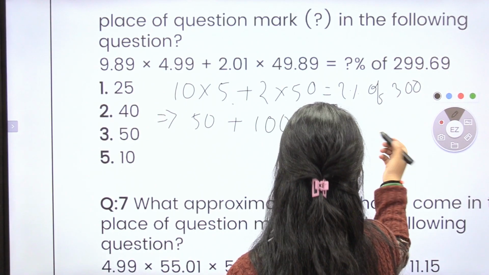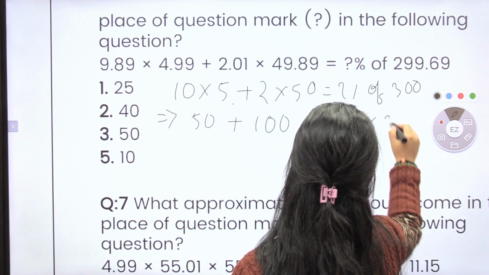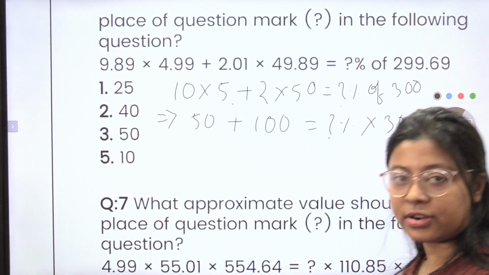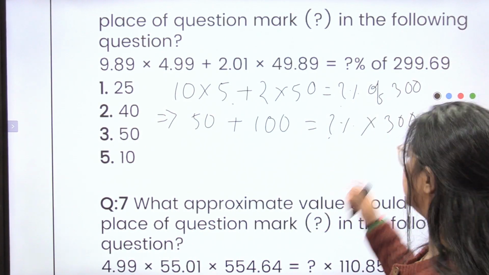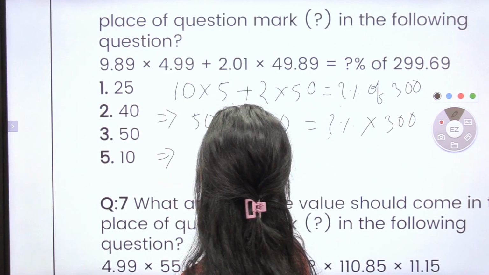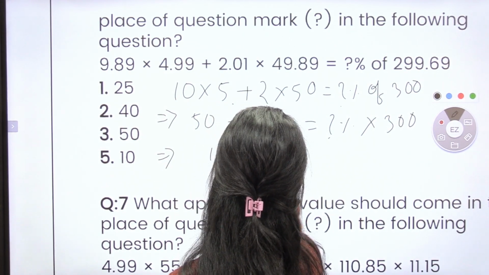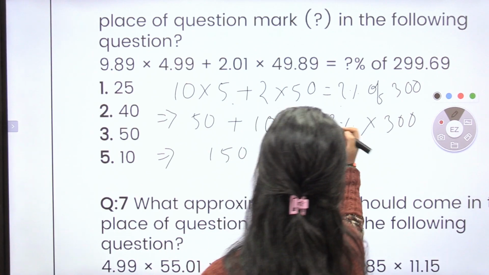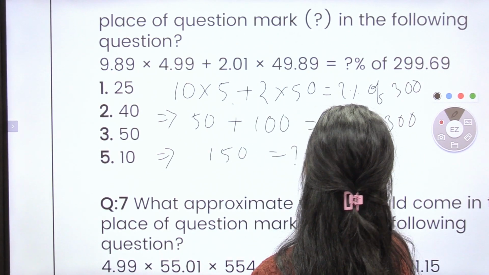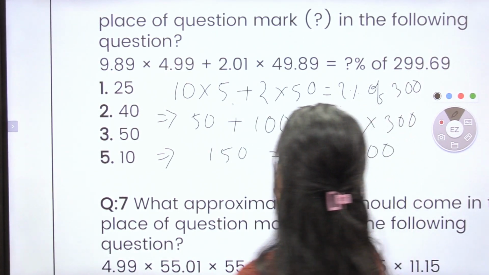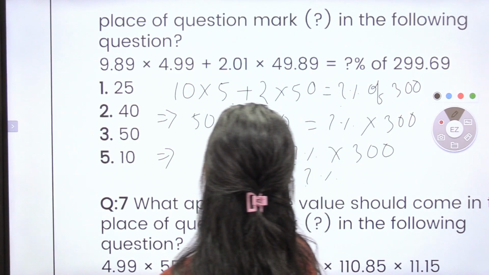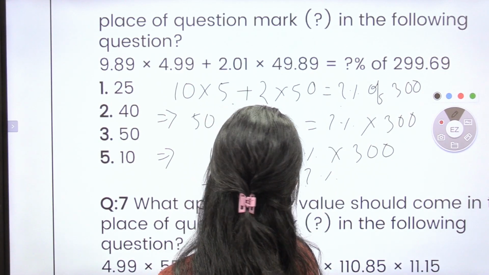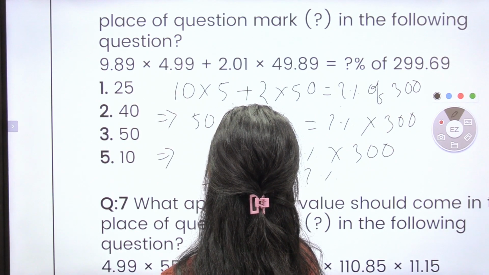Of means actually multiplication, isn't it? Of actually represents multiplication. So from here you have 150 is equal to question mark percent into 300. So question mark percent is 150 by 300.